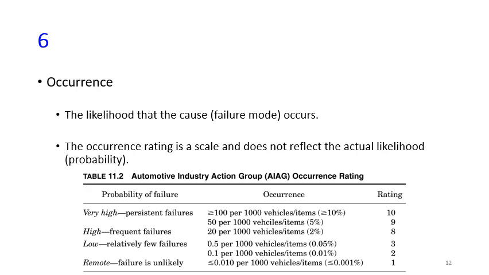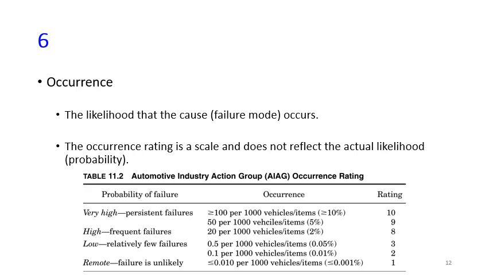In column 4, we've talked about how severe the effects of a failure mode are. Now in column 6, we need to give another subjective rating to say how likely the failure mode in column 2 is to occur. Because some failure modes might be very likely to happen in your product, but some maybe not.